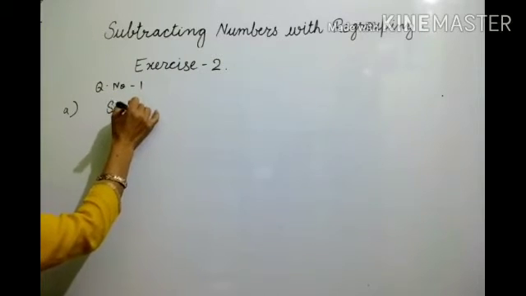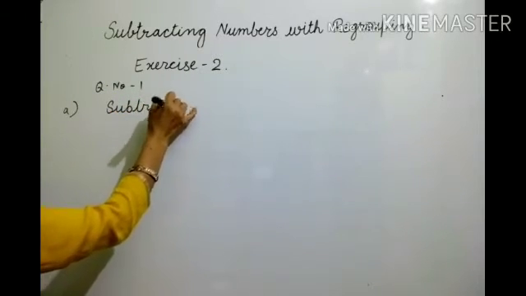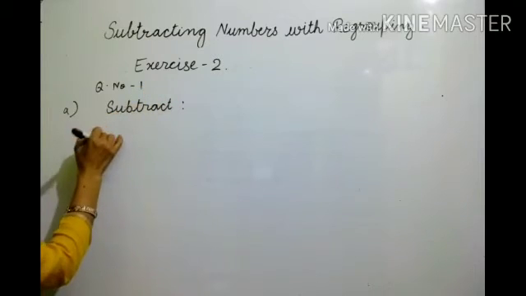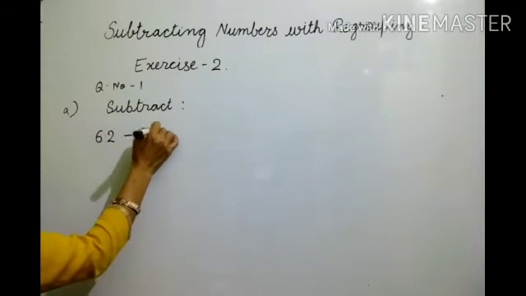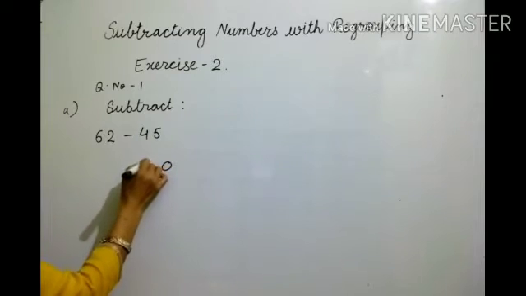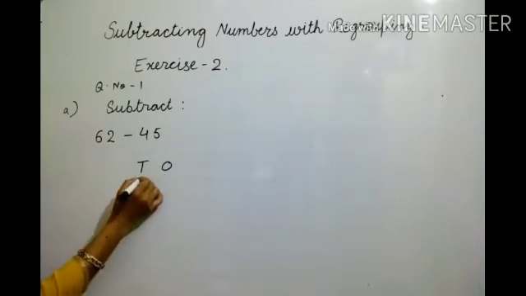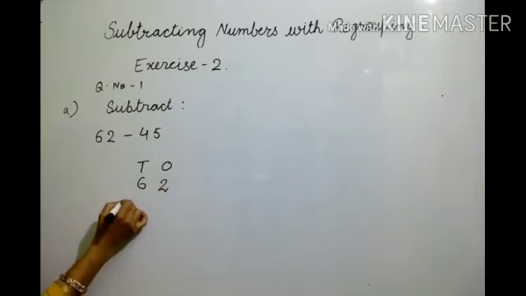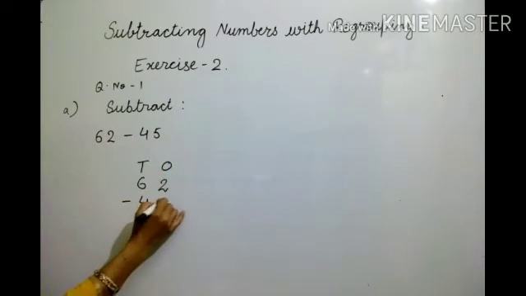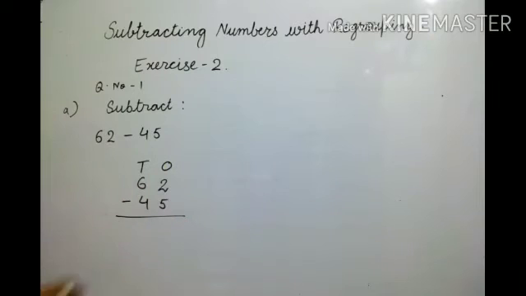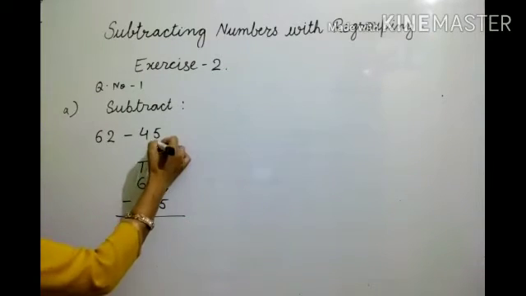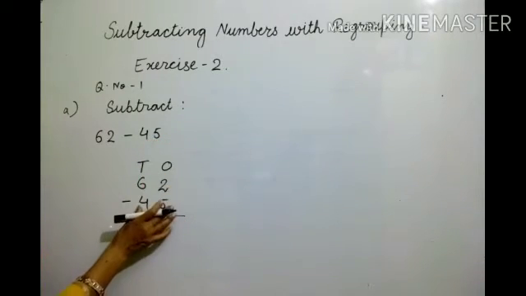Subtract 62 minus 45. We first arrange the numbers in columns. 62, the larger number, upside, and 45, the smaller number, downside.